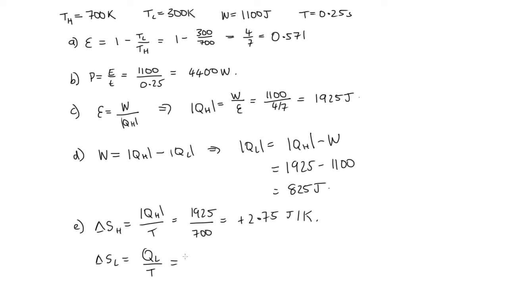Now it's giving heat to the cold reservoir. So this is a heat transfer out of the working substance. So we give it a negative sign because it's losing that over the temperature. The cold reservoir is at 300. And solving that on the calculator, we get minus 2.75 joules per Kelvin. So we can be happy because that's what we expected.